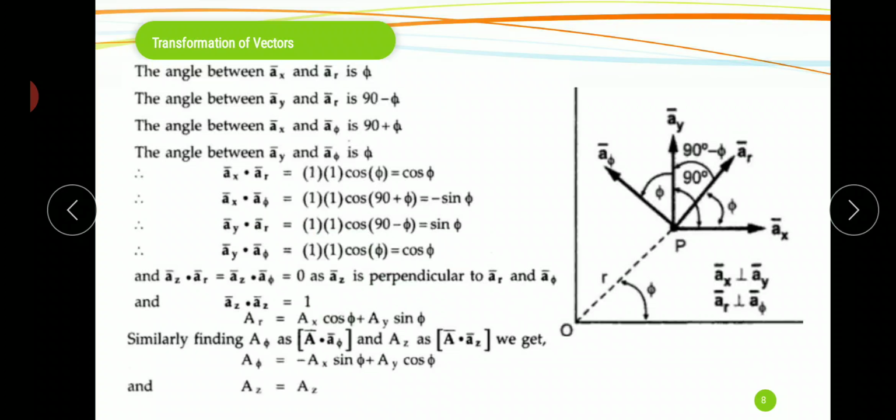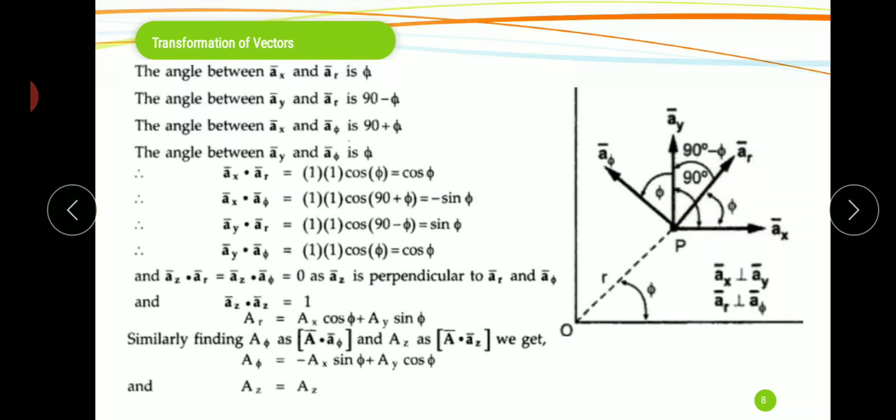Here the angle between AX and AR is phi. Here it is AX and it is A phi. The angle between these vectors is phi. And next, the angle between AY bar and AR bar is 90 minus phi.